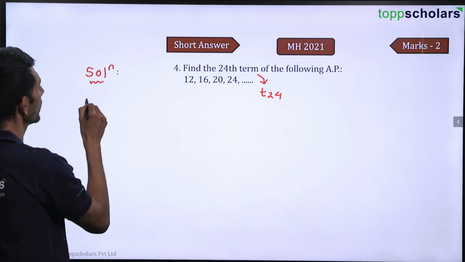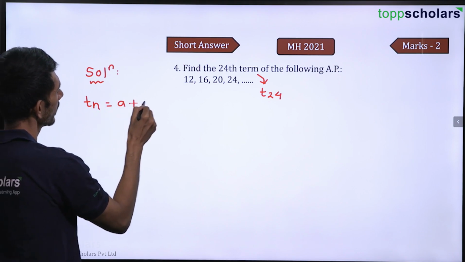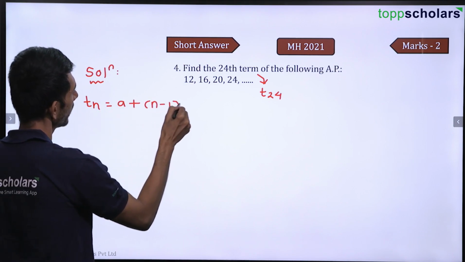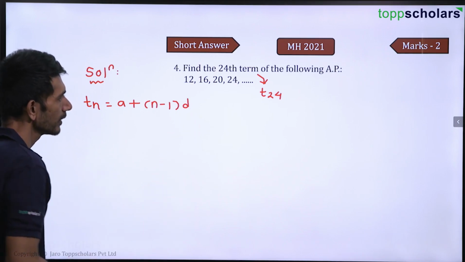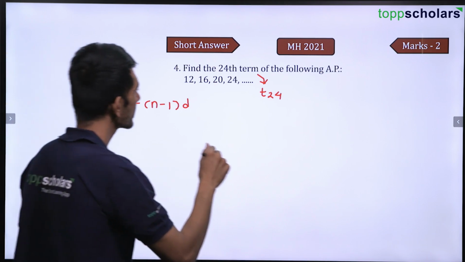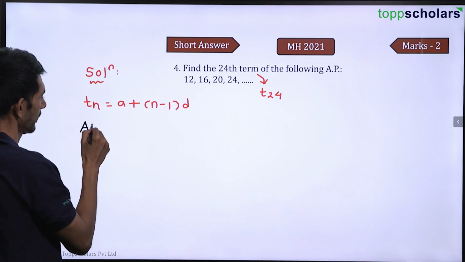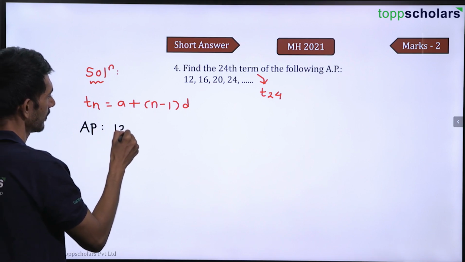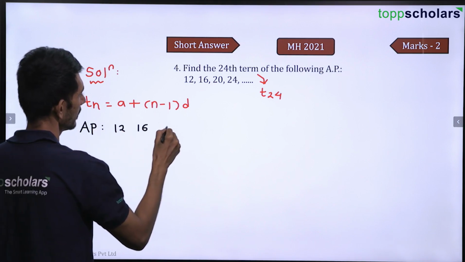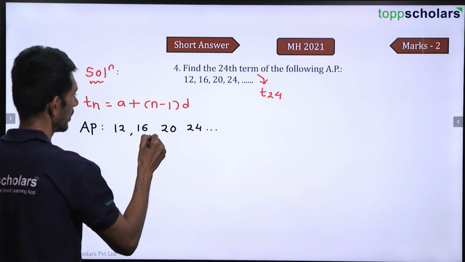We know that Tn is equal to A plus n minus 1 into D. Here what all do we know? We have the AP 12, 16, 20, 24, and so on.